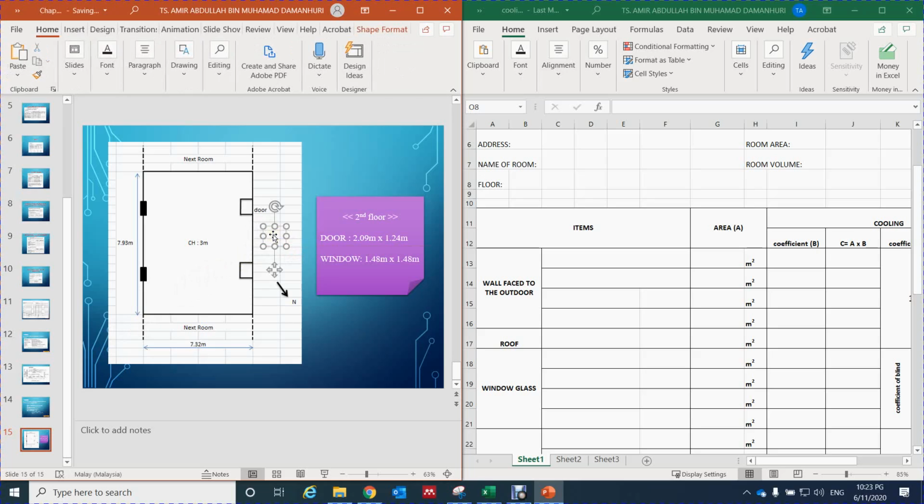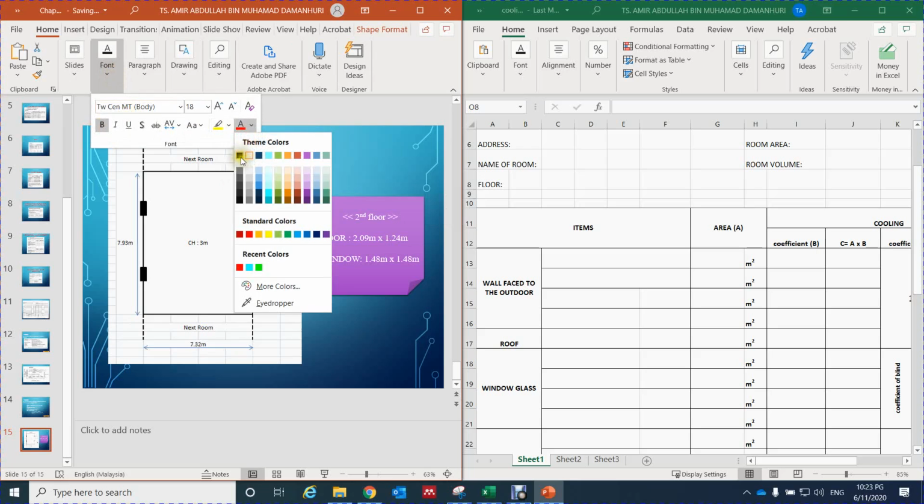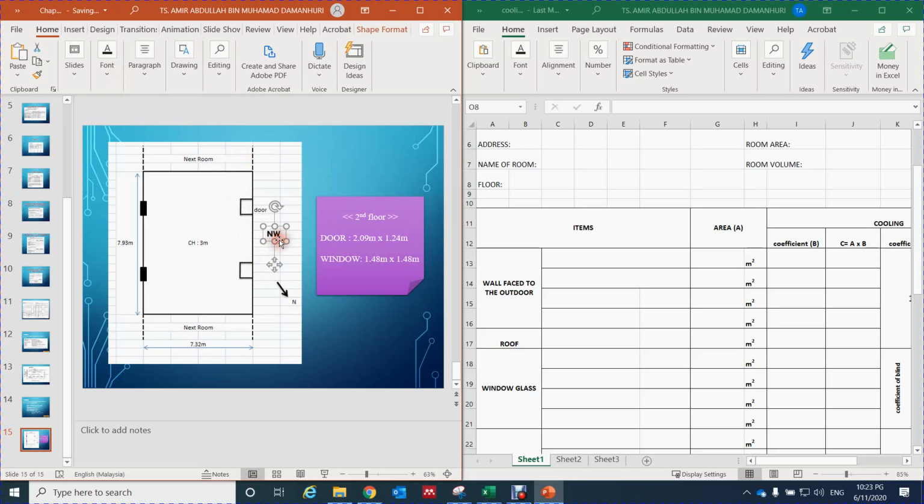This wall will be the northwest side, this one will be the southwest, and then we have another one here, the northeast.